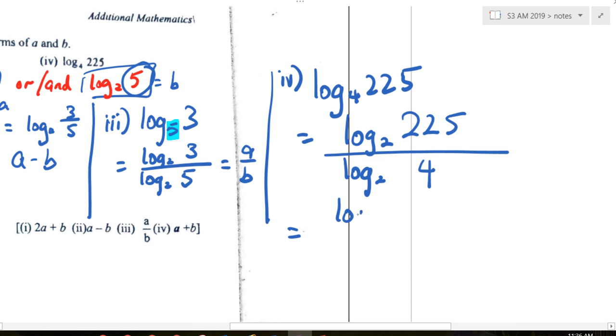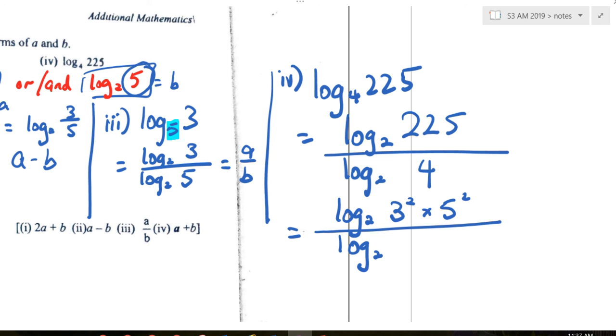I show you another way of writing. Instead of writing 3 times 3 times 5 times 5, I can write 3 squared times 5 squared. The bottom, I pause because 4 is equal to what? 2 squared. And why is 2 squared good? Because with 2 squared, the 2 can come down, and log 2 base 2 is 1.